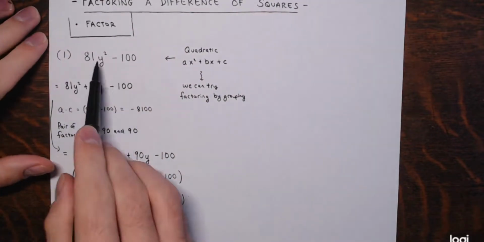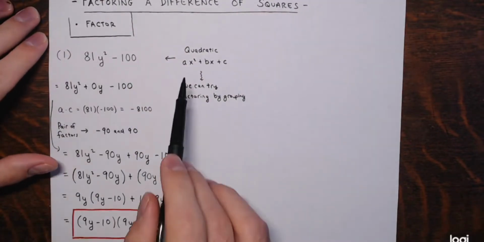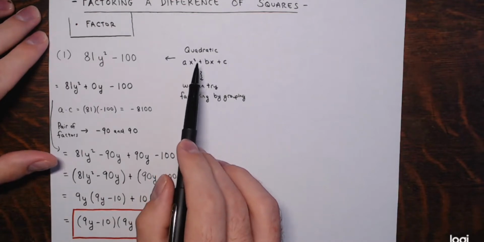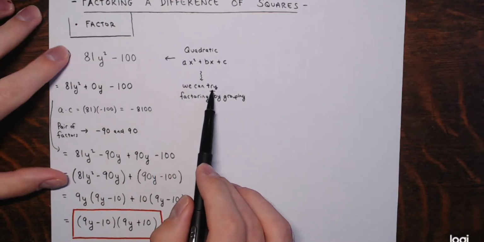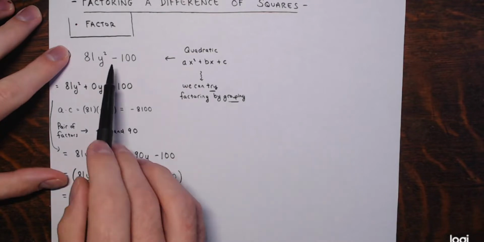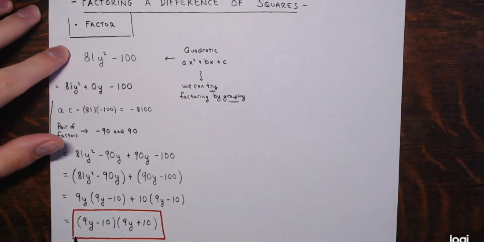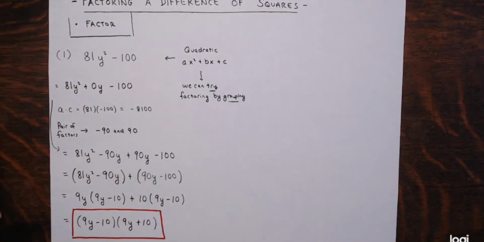Because again, you can always do this with a quadratic polynomial. You can always try this grouping method that I showed you here, and I've shown this in previous videos as well. Now that takes a bit, though.